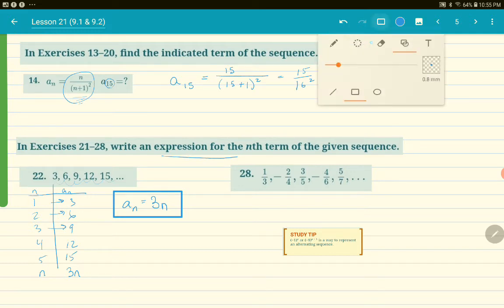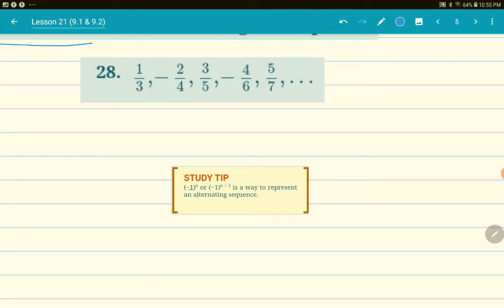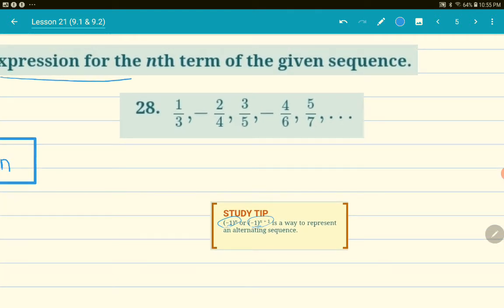And then on number 28, we go back to that rule where we had -1 as our alternating, and this time we have to think about which one of these to use. Do we want -1 to the n or -1 to the n plus 1? So let's see, if I start with 1, I'll make this like a t-table here. When n equals 1, a sub n equals 1/3.